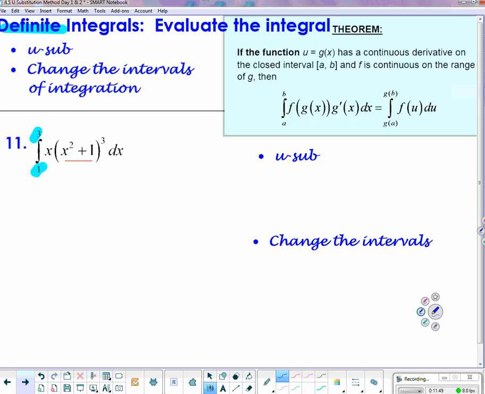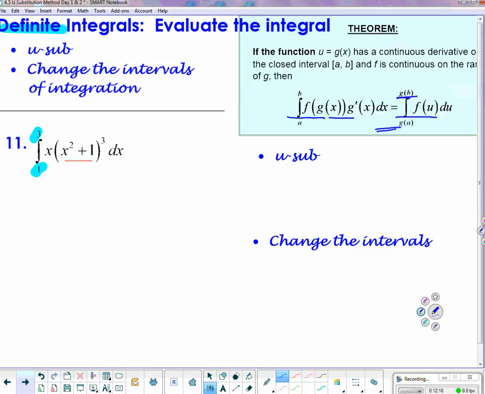There is a theorem, and I kind of glossed over it. It says if the function u equals g of x has a continuous derivative on the closed interval a to b, and if f is continuous on the closed interval, then this integral of f of g of x times g prime of x, so a composite function, is equal to the integral of f of u du with some different things going on for the boundaries.